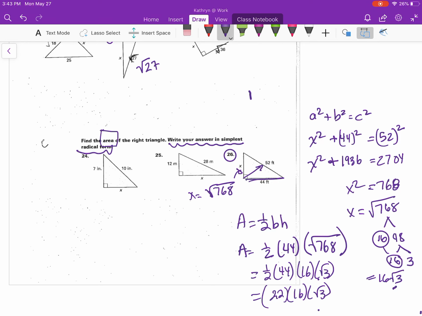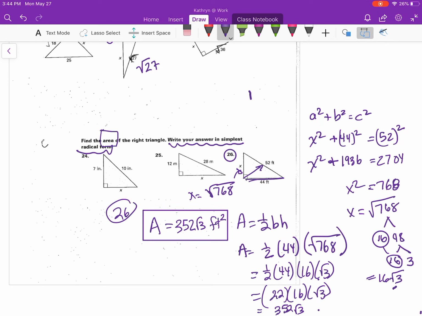And 22 times 16 is 352 times the square root of 3. So I think the area for number 26 is 352 times the square root of 3, and then don't forget our units, feet squared.